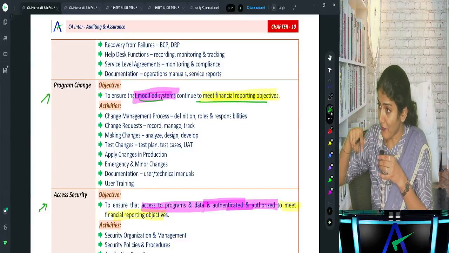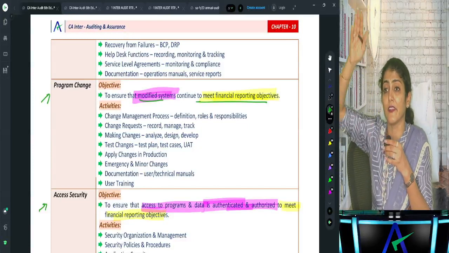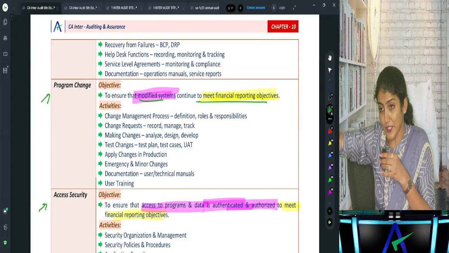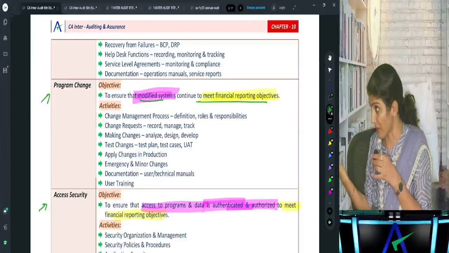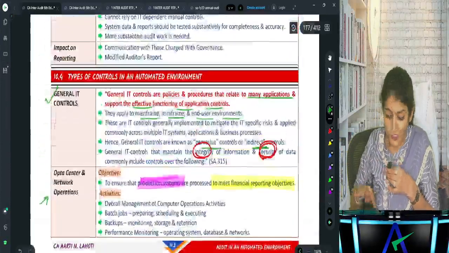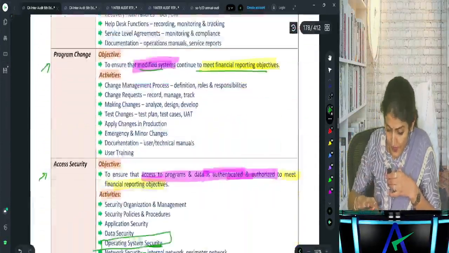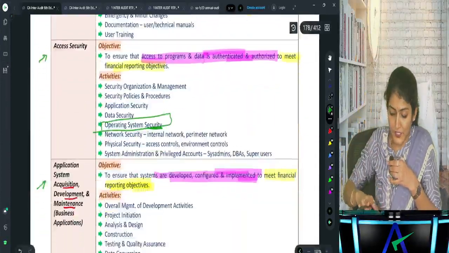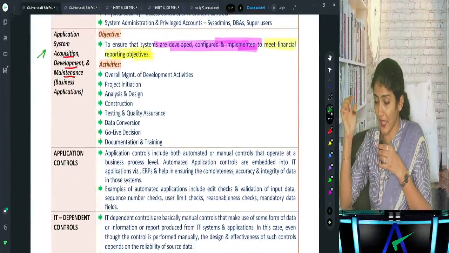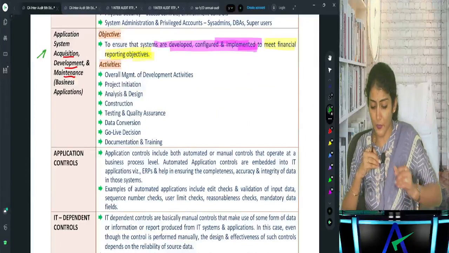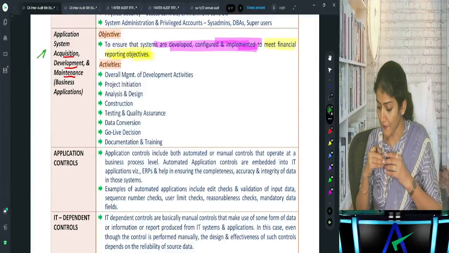They take the name of one activity and they ask if this activity is related to which control. Or they mention the objective of one of the control and they say this is related objective of which control. So you have the data center network operation, program change, access security, and the application system acquisition, development, and maintenance.